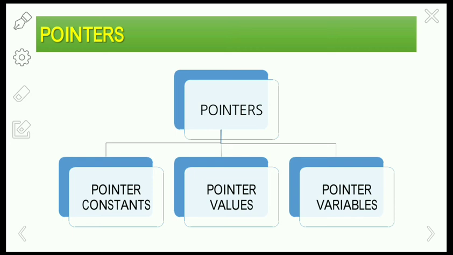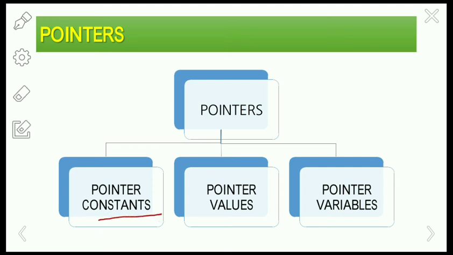So now let us see the classification of the pointers. Pointers are built on three underlying concepts: pointer constants, pointer values and pointer variables. Now let us see what the different pointer constants, values and pointer variables are. Memory addresses within the computer are referred to as pointer constants.